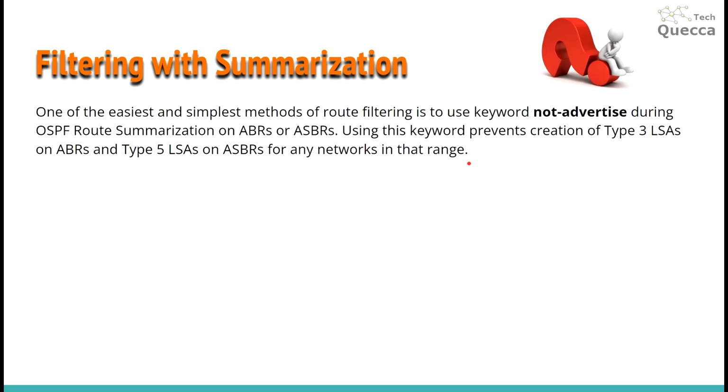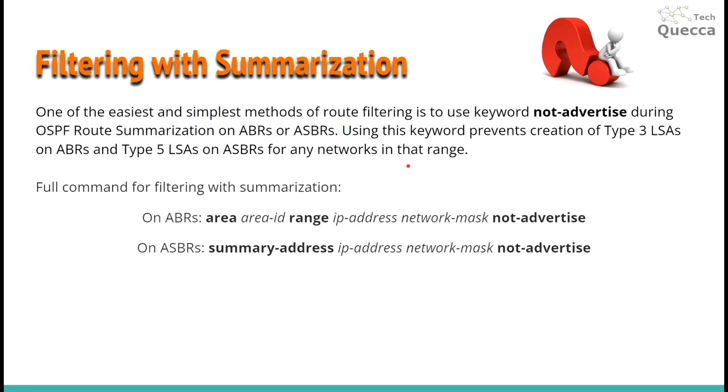It makes routes visible only within the area where they originate. To configure filtering with summarization, you can use the command area ID range IP address network mask and then add the keyword not-advertise on ABRs, and on ASBRs the command is summary-address IP address network mask and then again the keyword not-advertise.